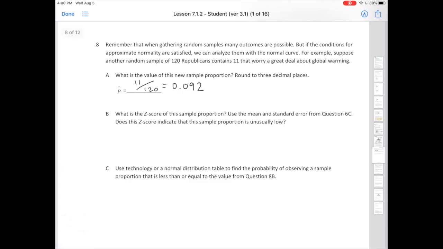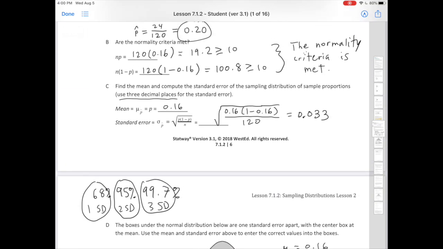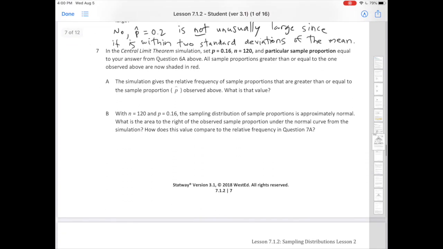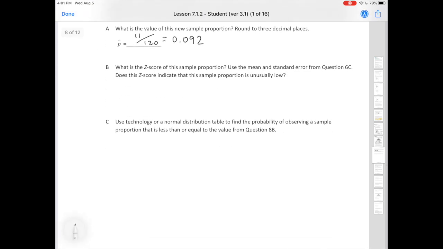If I come up here to 6C, remember we had a mean of 0.16 and a standard error of 0.033. So let's write that down. We know that the mean is 0.16, and we know the standard error is equal to 0.033. What is the z-score?